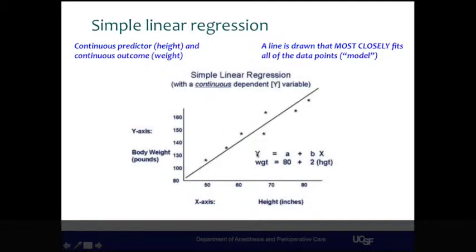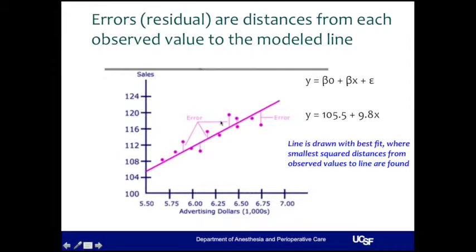Here you can see an equation can be constructed where y, a weight variable, is equal to the intercept, which is at 40 inches, they're saying people should weigh 80 pounds, plus 2 times the height.